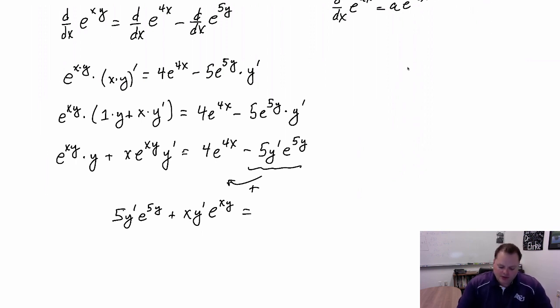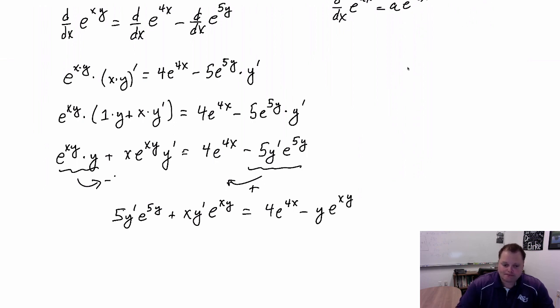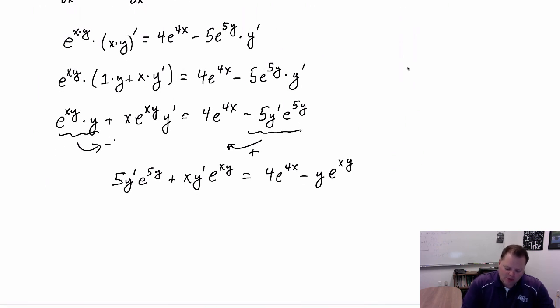And then I'm going to bring all the other terms over that don't have y prime. So this term, for example, doesn't have a y prime, so I'm going to bring it over and subtract it. So this will be 4e to the 4x minus y e to the xy. Okay, both these terms have a y prime, so I will factor it out.